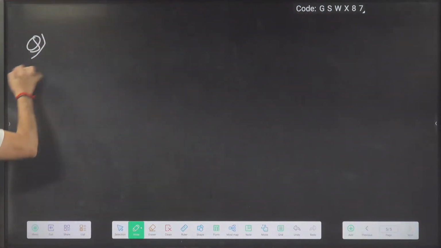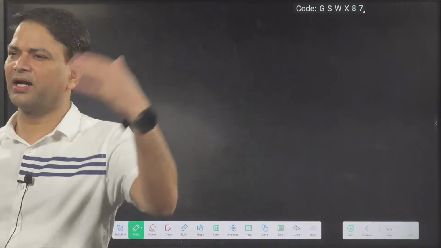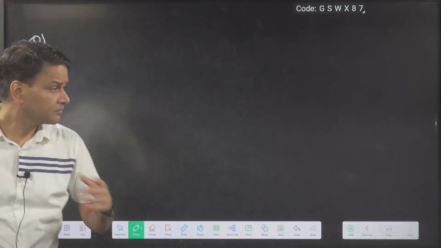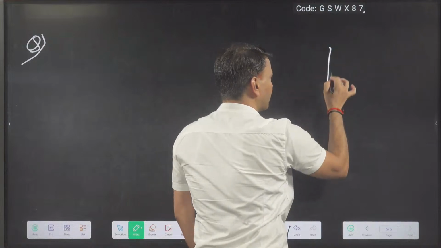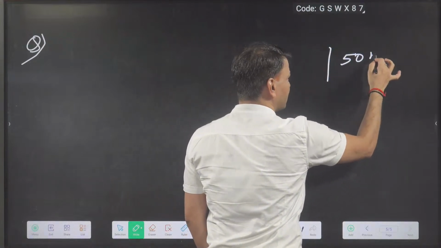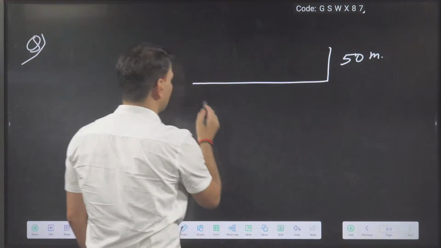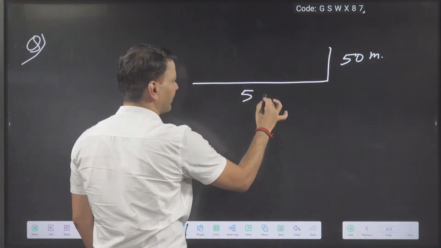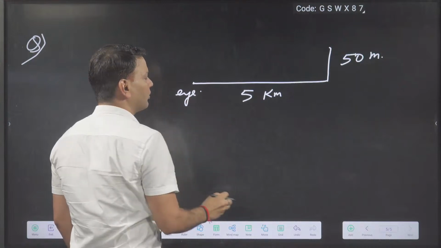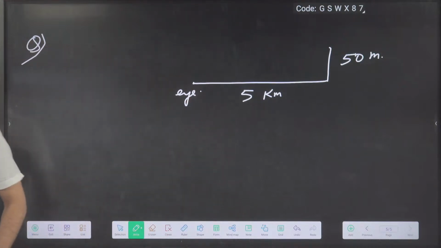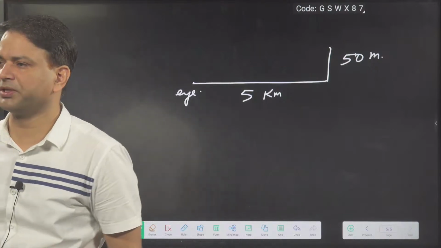So one small question. This type of question is used in the telescope, and we will also learn the parallax method. Suppose I have one building of height 50 meter and I am observing it from a distance of 5 kilometer.